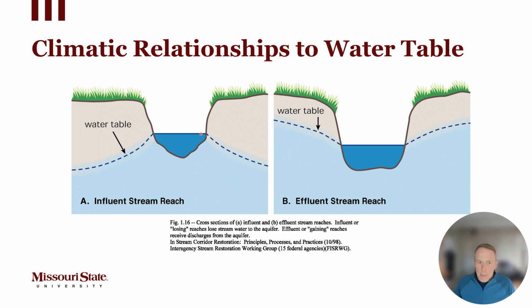It's still an expression of the water table, but in this case, let me change to pen here. In this case, over here in an effluent stream, water's moving from the aquifer into the stream to feed base flow. In this influent situation, most of this water is coming from snowmelt upstream, like in the Rocky Mountains or the Sierra Nevada. So you hear about this a lot.